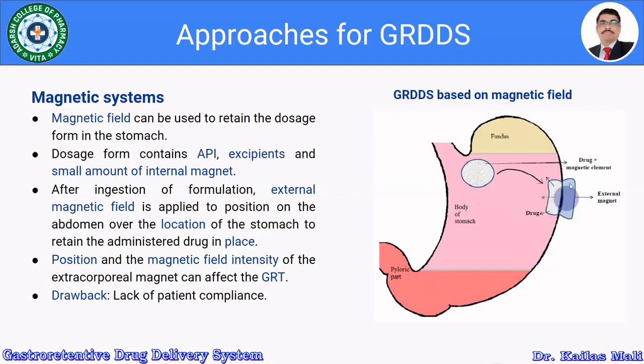So here is the external magnet and this is the formulation, as the formulation contains the magnetic element. Due to magnetic force, it is going to be retained at a specific position in the stomach for a long time period. So this is about the magnetic system.